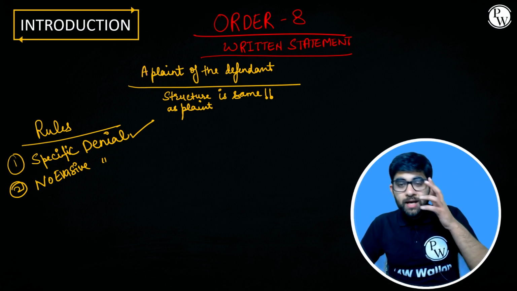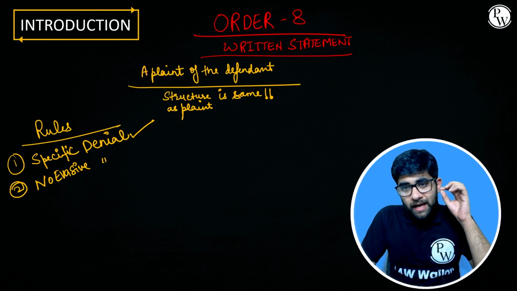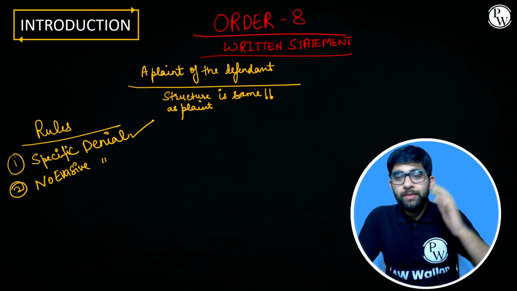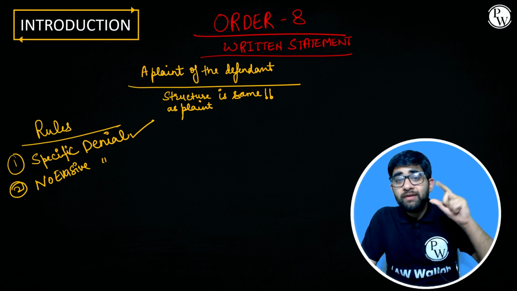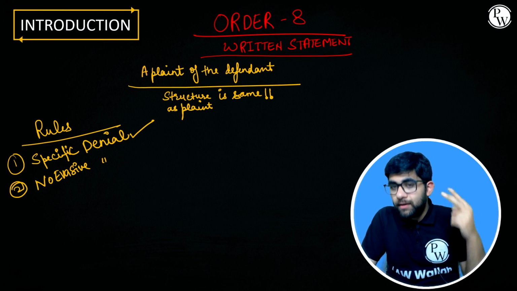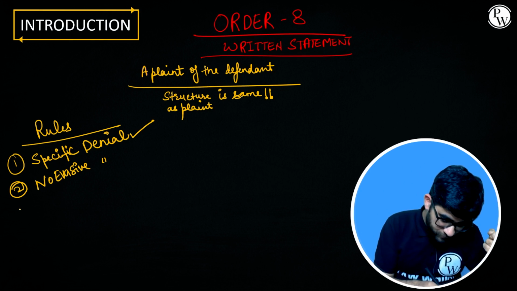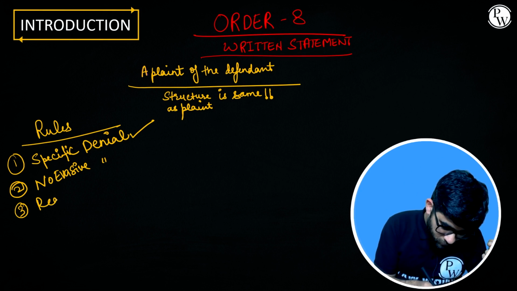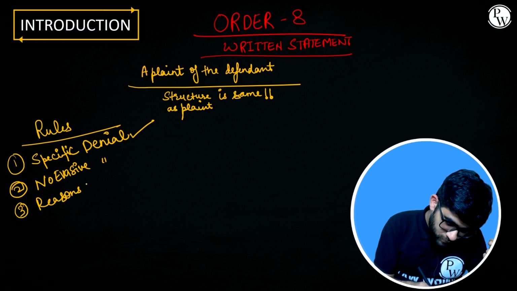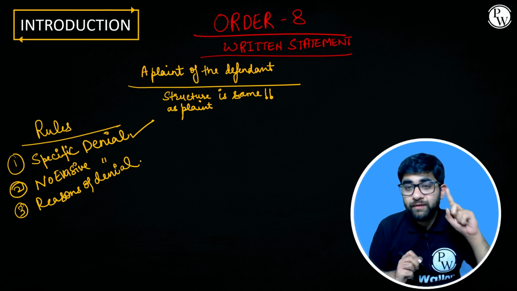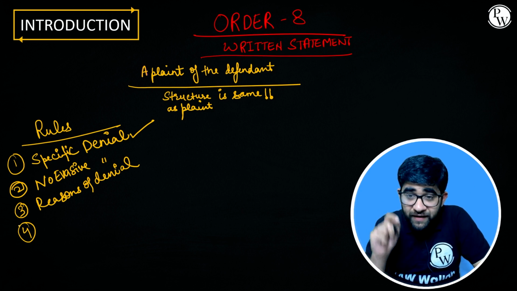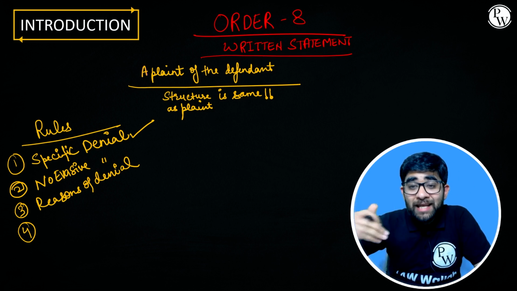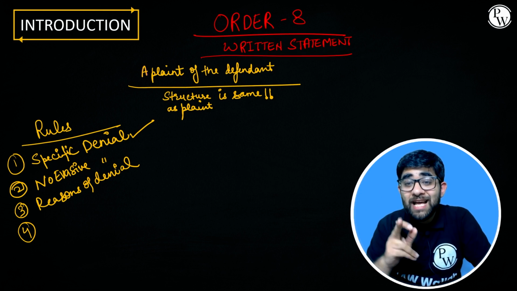For example, A says A has supplied goods to B. Now B says no. This is an evasive reply. You have to give a specific denial first and then the reason why you are denying it. There should be reasons of denial. Fourth, the defendant can plead new facts and bring on record new facts that have been hidden by the plaintiff.